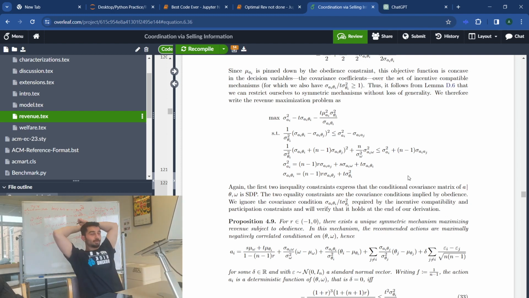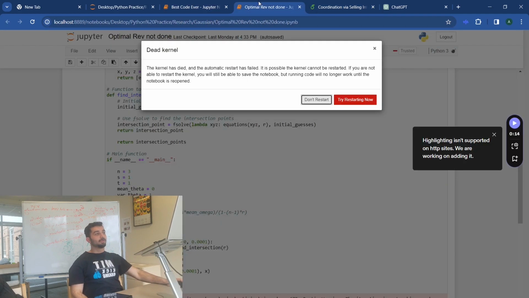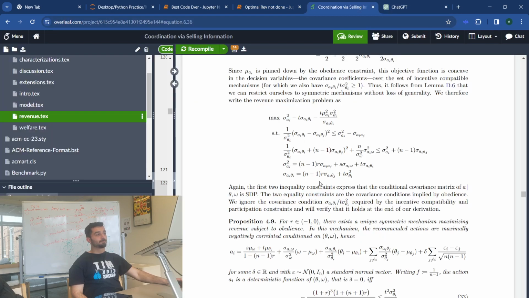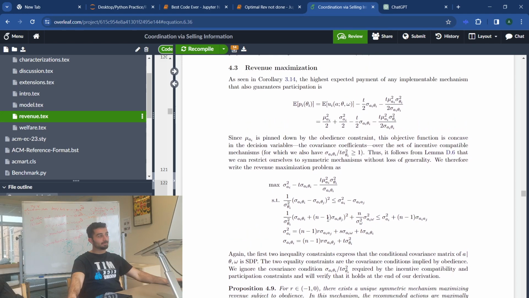Okay. The problem when R is -1, we should start far earlier. No? That's the problem. Wait, when did that happen?